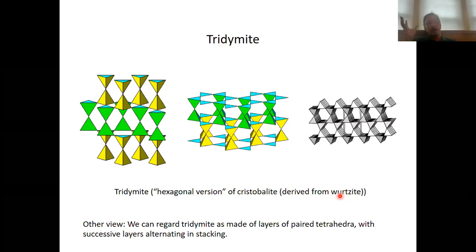So this is a little hard to comprehend, therefore we better focus on another view of how to understand the tridymite structure.